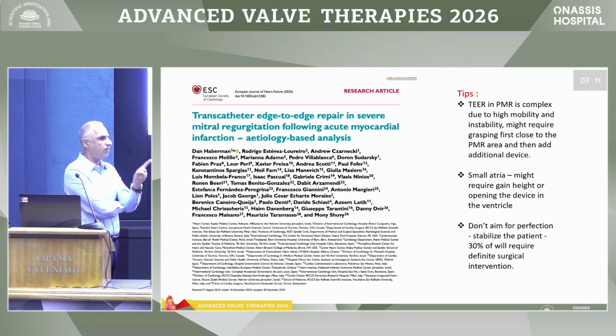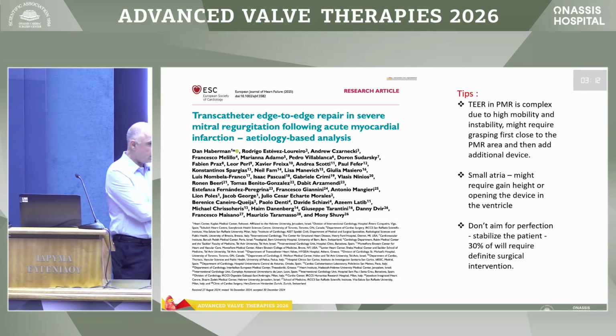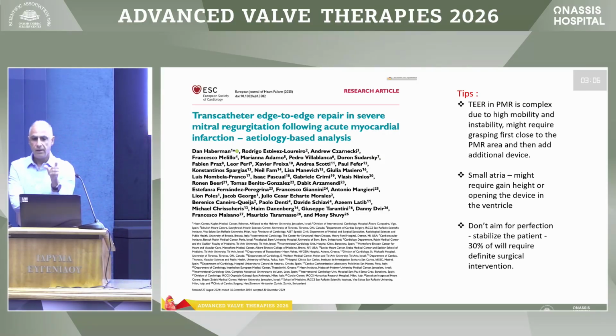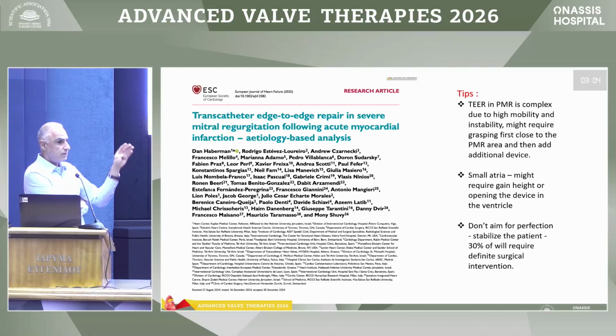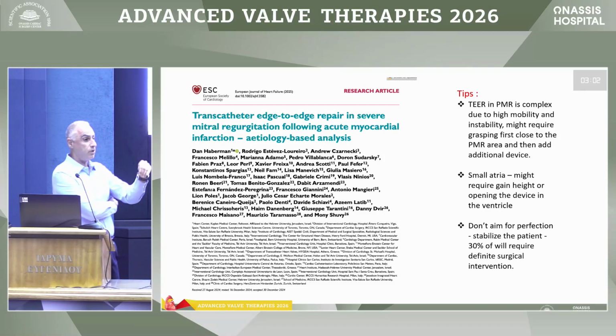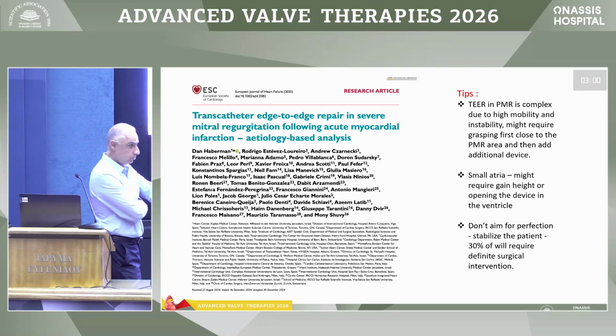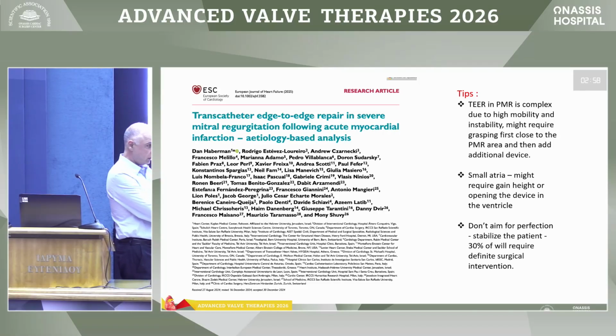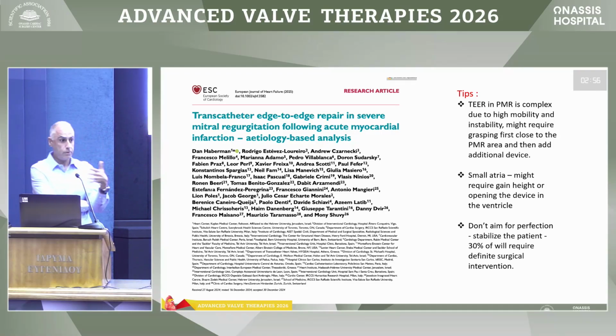Sometimes you need to put a device just close to the area just to stabilize the valve and then add another clip. Small atrium. Sometimes you need to do all the manipulation in the ventricle. So you need to be very careful opening in the ventricle. You don't have the classic evaluation in the atrium. And don't aim for perfection in those patients. Just stabilize the patients.